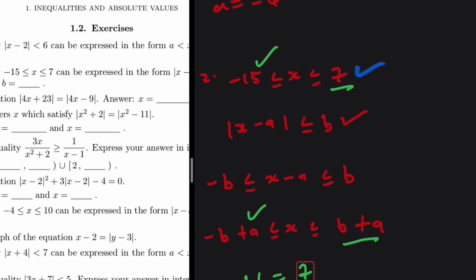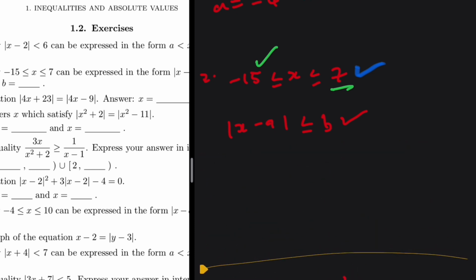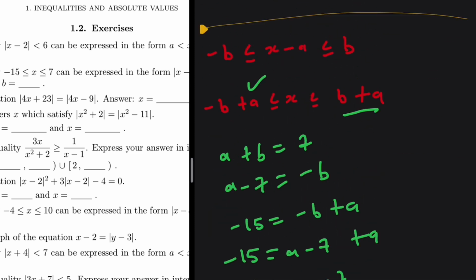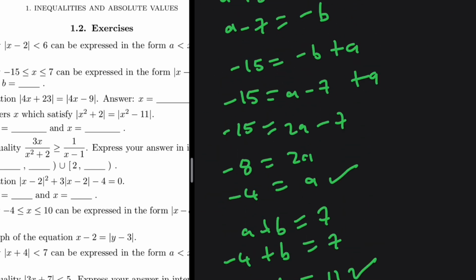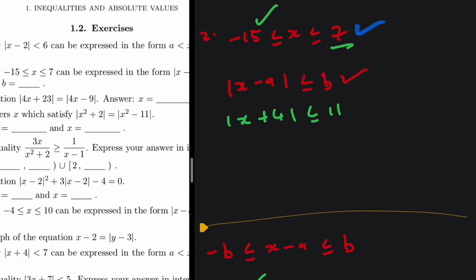Let's see if that will lead to the inequality. So we are saying we have x minus a, and a is minus 4, so it would be x plus 4, right? And then b is equal to 11. So let's check and see if it checks out.